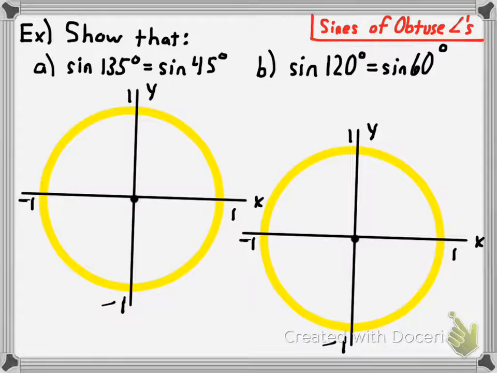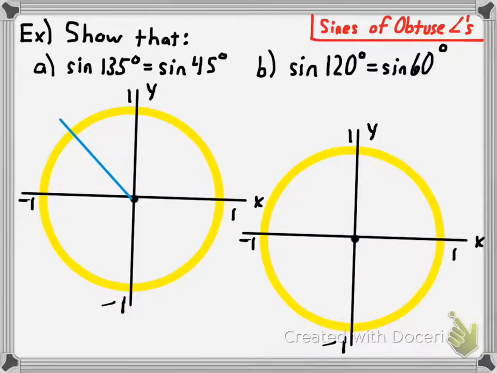Let me start off with showing you how you find the sine of 135. What I would need to do is draw an angle that's 135 degrees in standard position. If you think about that, here's 0 degrees, here's 90 degrees, here's 180. 135 is exactly in the middle of 90 and 180, isn't it? So the terminal side of that 135 degree angle would be right there basically.